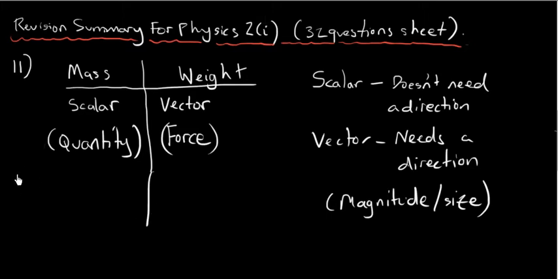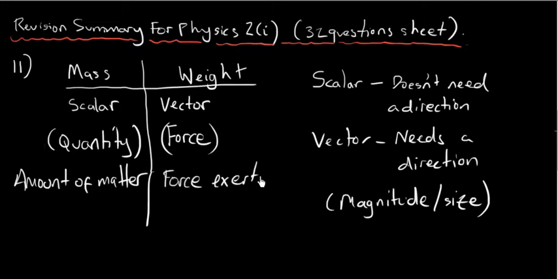Mass is the amount of stuff, otherwise known as matter, and the weight is the force exerted by the earth, by the gravitational field of the earth, on the stuff.